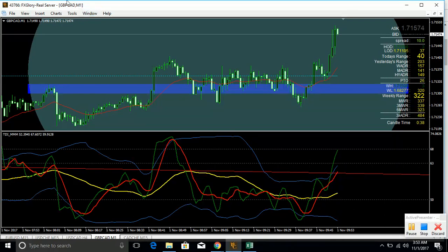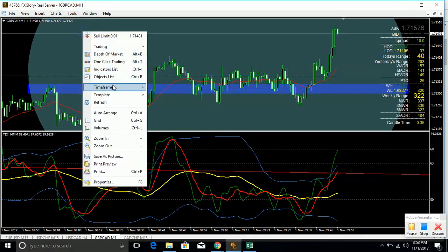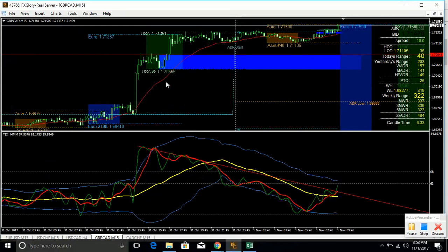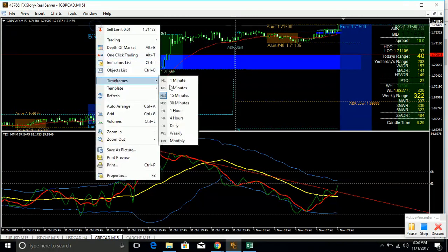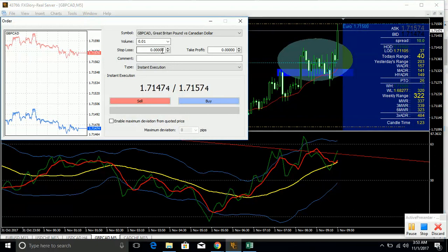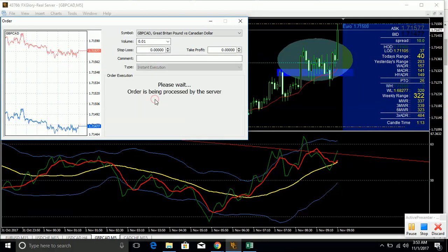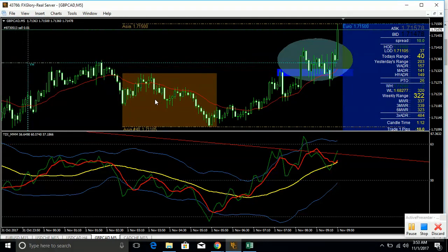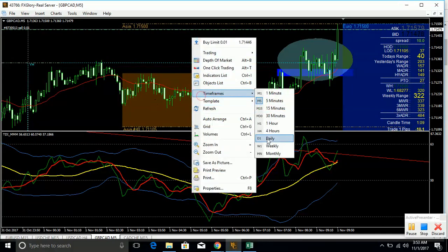Okay. What I'm actually still gonna do though here. So I'm still gonna hold my sell position. Still gonna hold my sell position on this pound CAD.